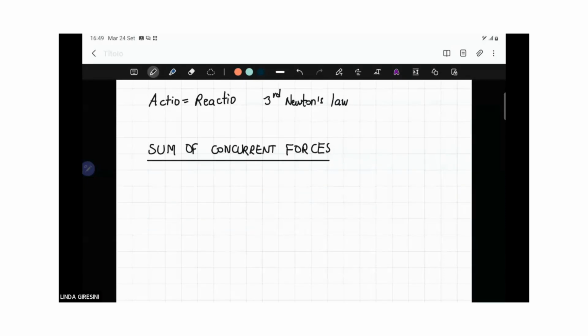They must have one point in common. So their lines of action, I just write the definition, intersect at one point.